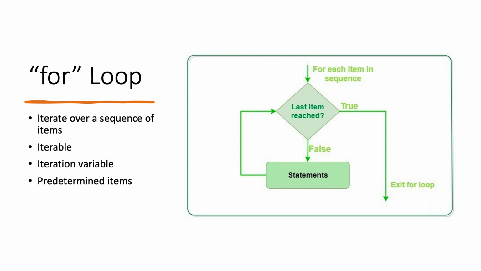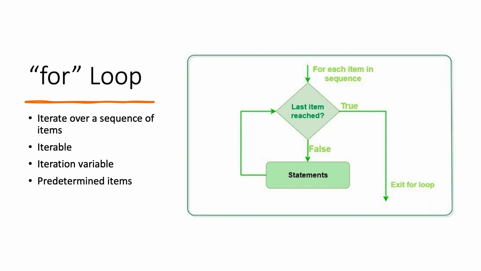The flow of the for loop is shown in this picture here. We loop for each item in our sequence, and the first question to ask is, have we reached the last item in our sequence yet? If no, then we enter our loop and run any statements we have in our indented code. Then we loop to the top again, and we ask ourselves one more time, have we reached our last item in the sequence yet?